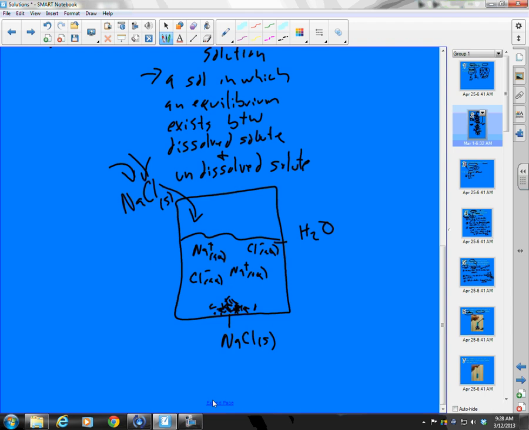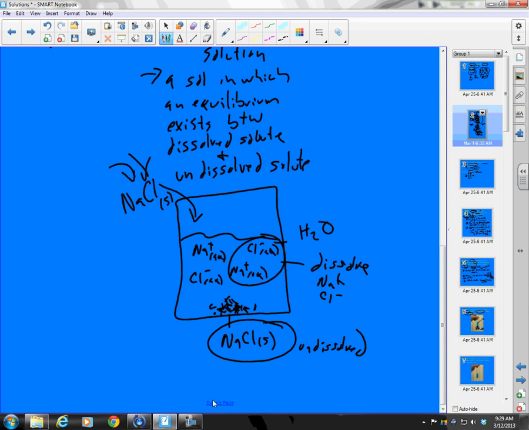So now I have, what do I have actually present? Well, I have solid sodium chloride and I have aqueous sodium chloride. This would represent my dissolved sodium chloride, and this would represent my undissolved sodium chloride.